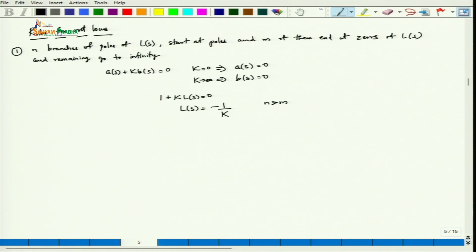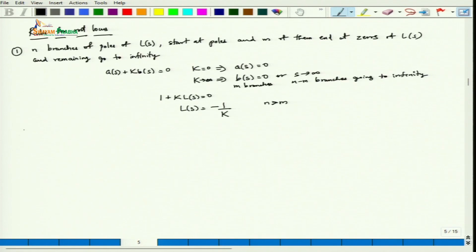So in that case it is satisfied. So in this case, when k tends to infinity, either B of S is equal to 0 or S tends to infinity. So basically here we will have m branches ending at zeros and n minus m branches going to infinity.